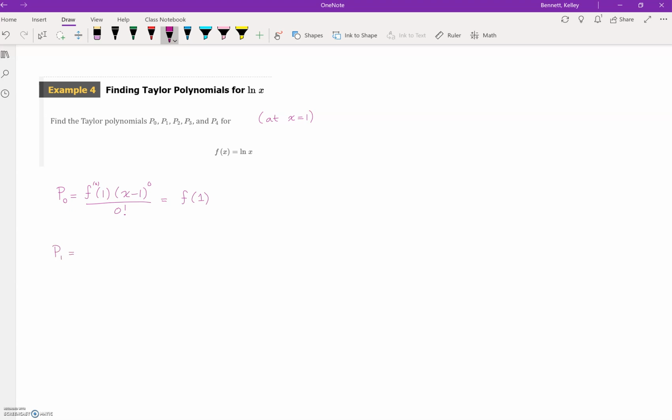Then for P1, we're going to add another term. So we know that we're at f of 1, and now we have to add the first derivative, f prime, evaluated at 1, and then x minus 1 to the first power over 1 factorial.